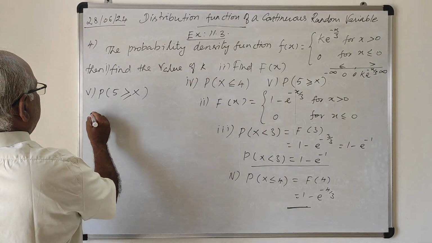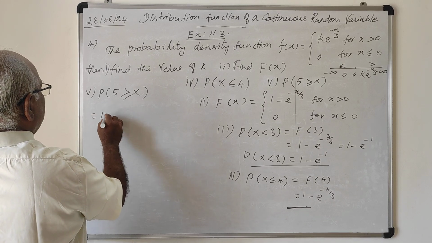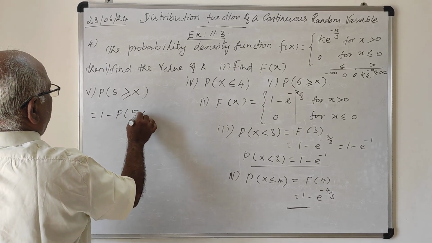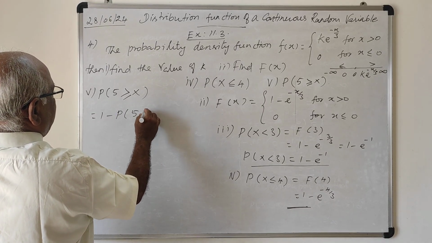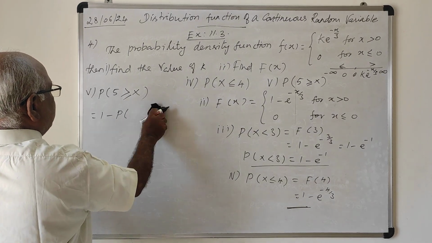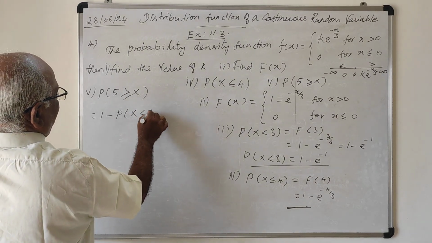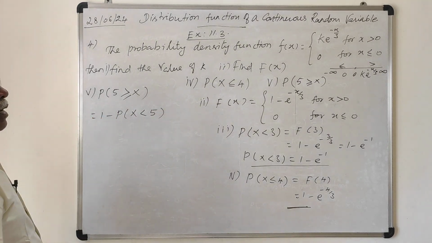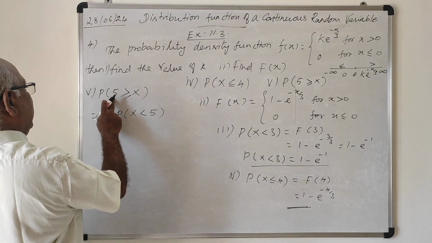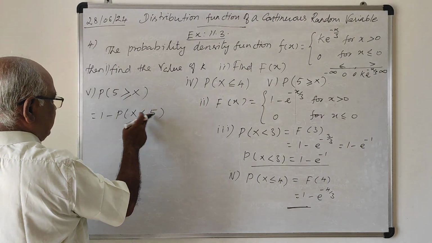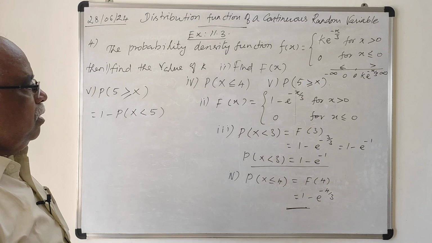This is nothing but 1 minus P of x less than 5. That's the definition: P of X greater than or equal to x is 1 minus P of X less than x. That is the concept.